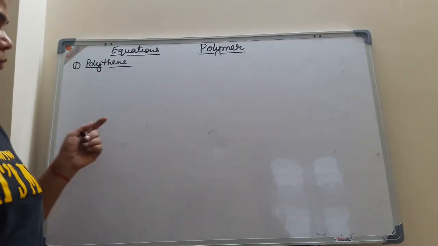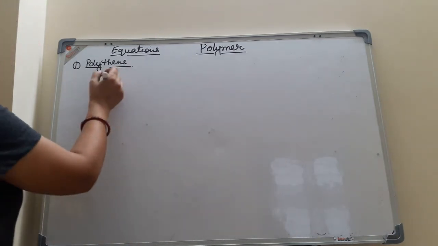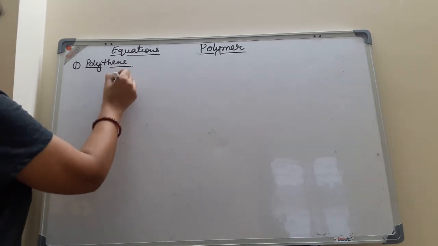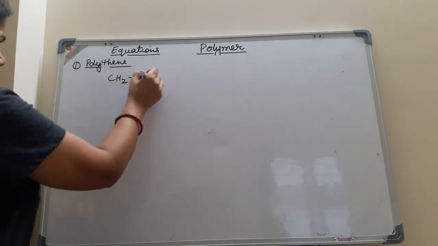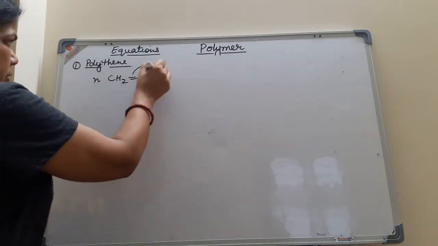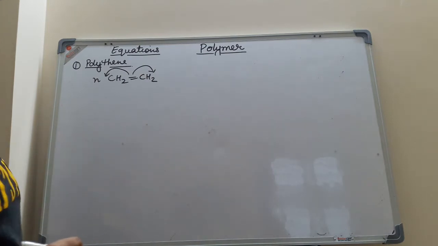Now we will discuss the equation part of every polymer and its monomer. For polythene, the monomer was ethene, so let's write n molecules of ethene. In 11th class there was a topic, homolytic fission.